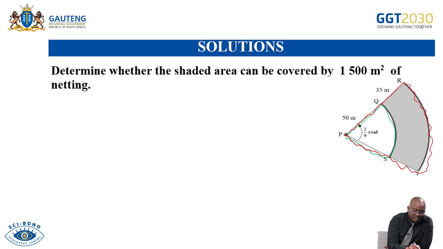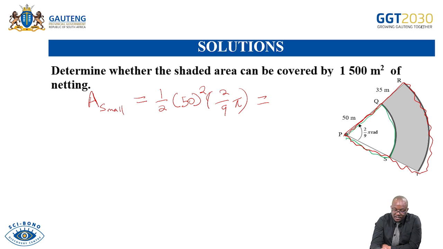So the first thing we're going to do is the area of the smaller sector, which is 1 over 2 times its radius, 50, squared, multiplied by 2 over 9 pi, not 9 over 2.